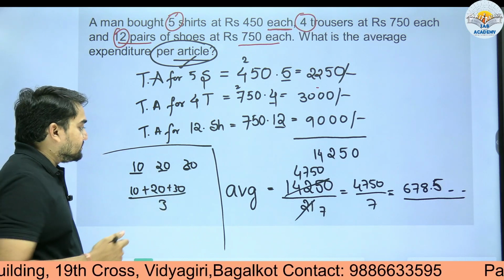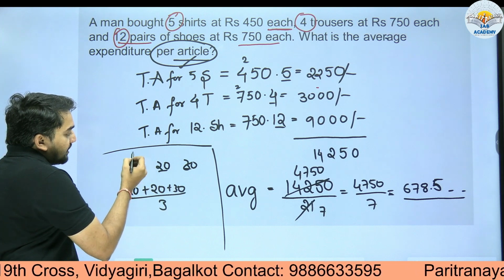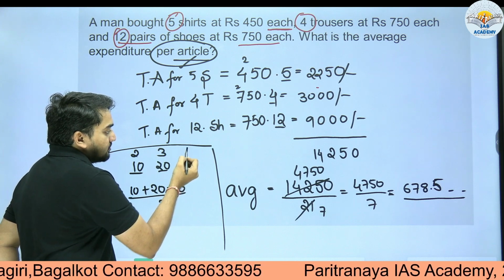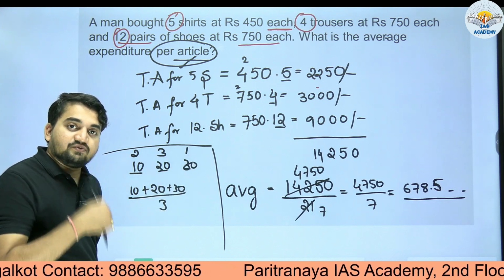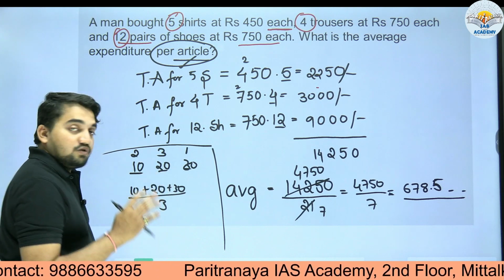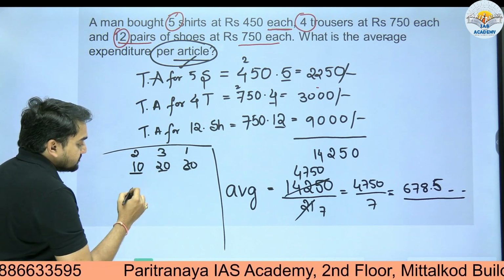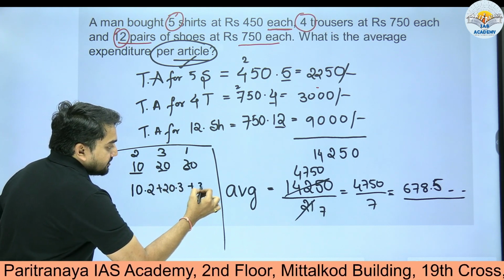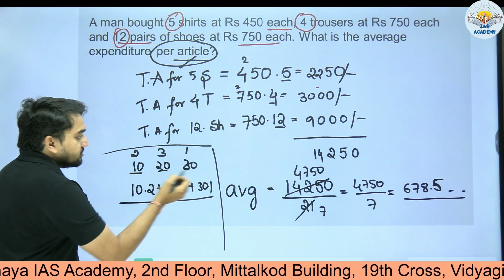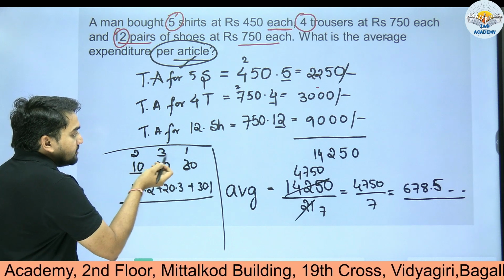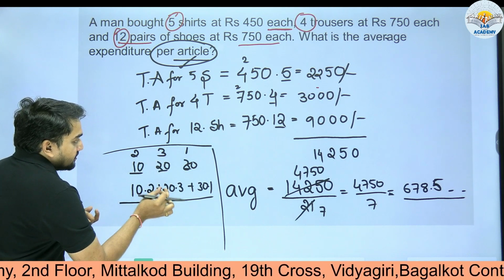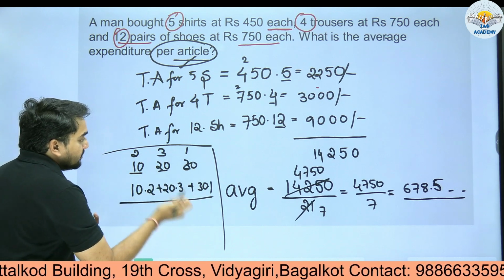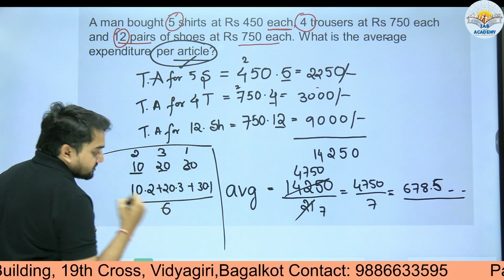But what if they say that of the 10 rupee article we have 2, of the 20 rupee article we have 3, and of the 30 rupee article we have 1? Then to find the average per article we have to take 10 into 2 plus 20 into 3 plus 30 into 1, but divided not by 3 but by 2, 3 and 1 together, because there are totally 6 numbers. So divide by 6.